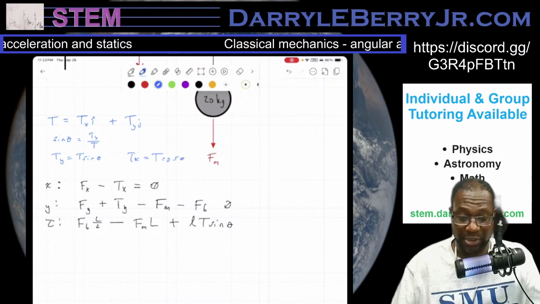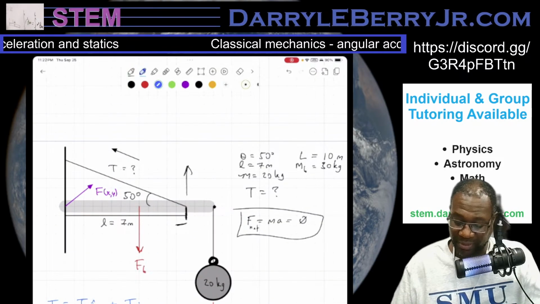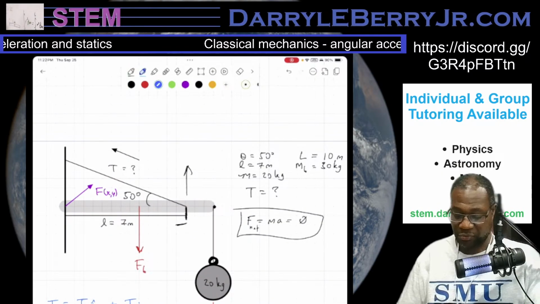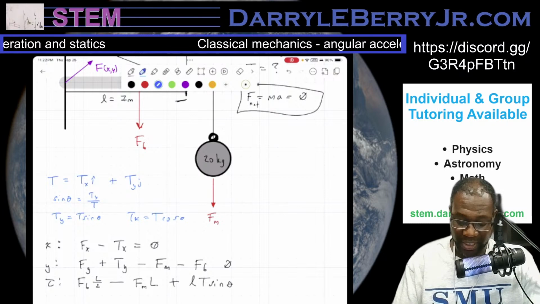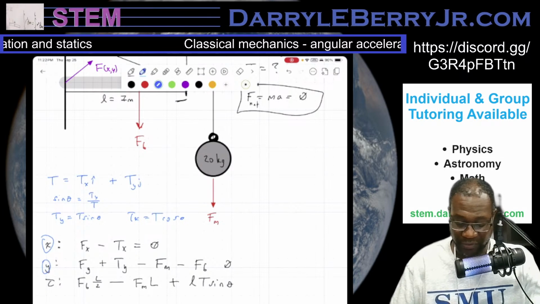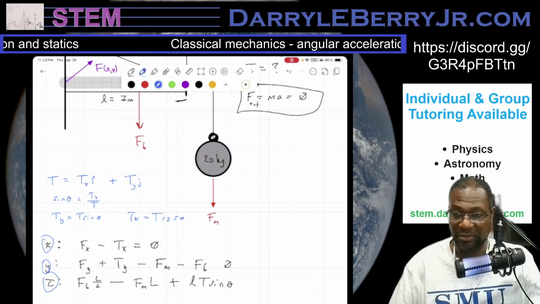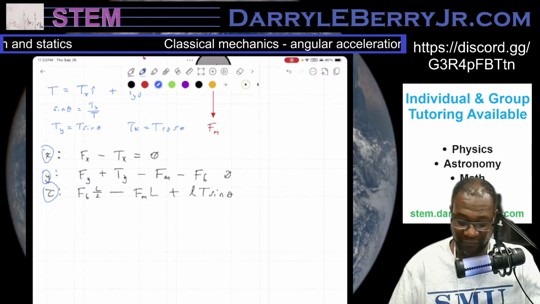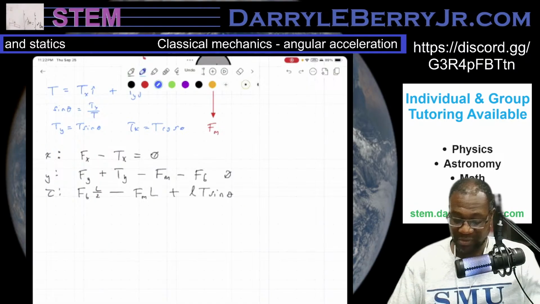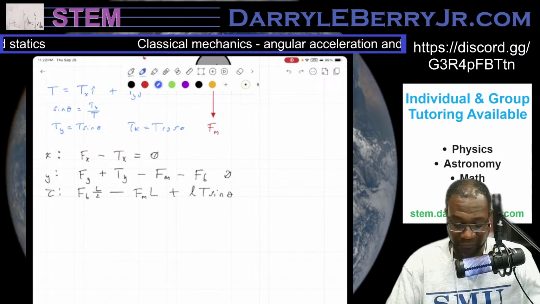It is necessary to remember that for a static problem with a beam, a weight, and a tension string, we're going to need the x forces in the horizontal, the y forces in the vertical, and the forces of spin, because there's going to be some spin since it's basically a fulcrum. Now let's see if I have everything I need to solve for something here.